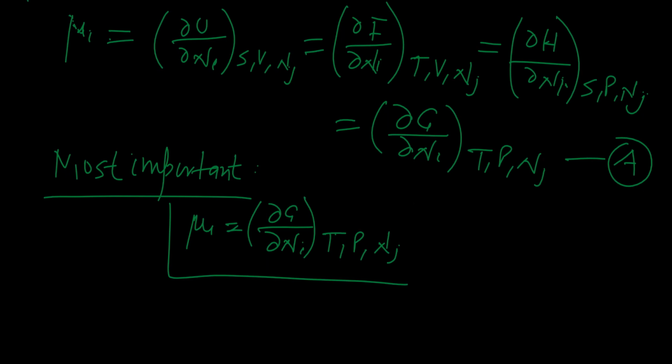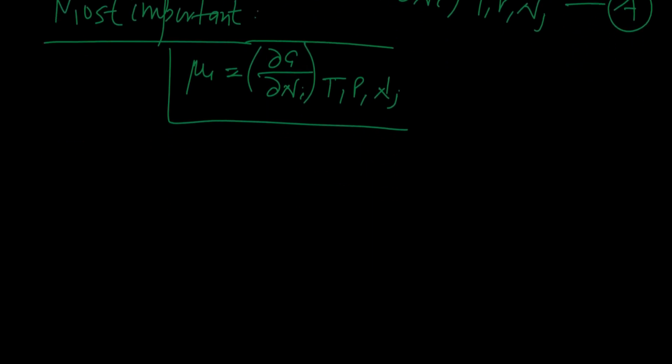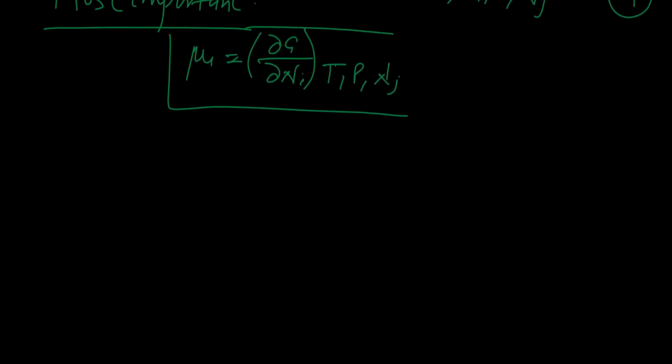One thing more we should note here, that the Gibbs potential G is a homogeneous function of first order. So if we use Euler's theorem, then we can express G in terms of mu. G in terms of mu.